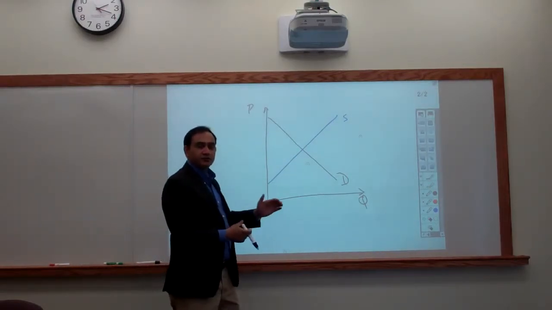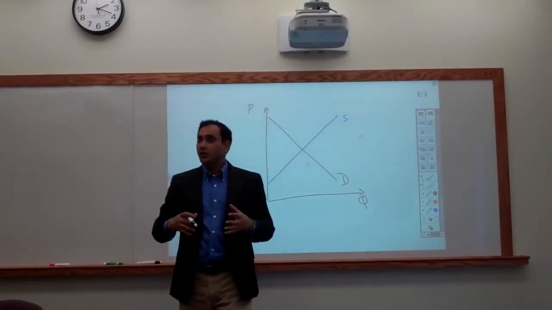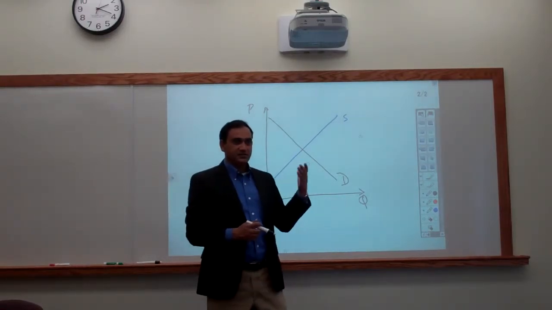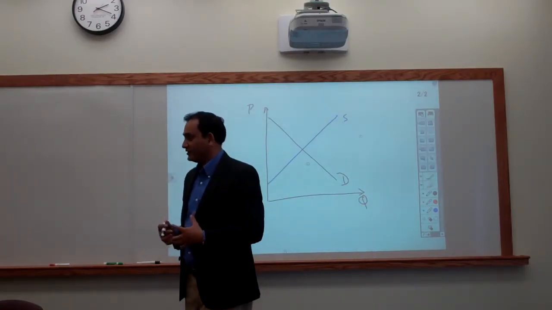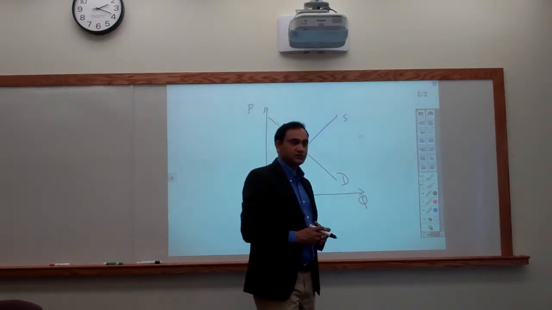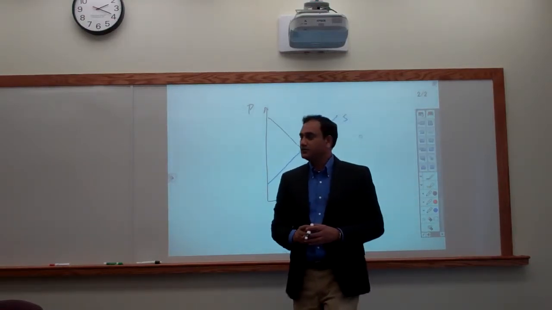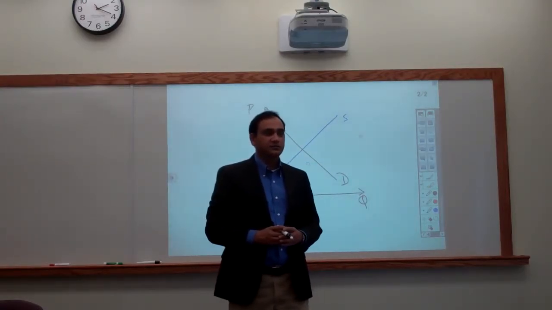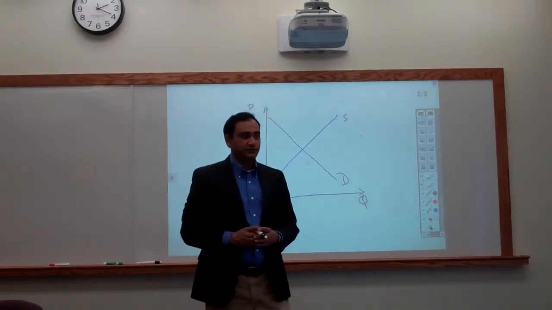So keep in mind that when you draw a demand curve and supply curve, you are keeping a lot of other variables constant, isn't it? When you draw the demand curve, it is a relationship between price of the good and quantity demanded of the good, keeping other things constant. What are those other things that we keep constant? Just to remember it. Factors that influence demand. What are those?